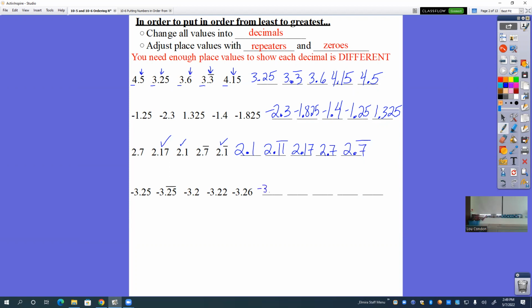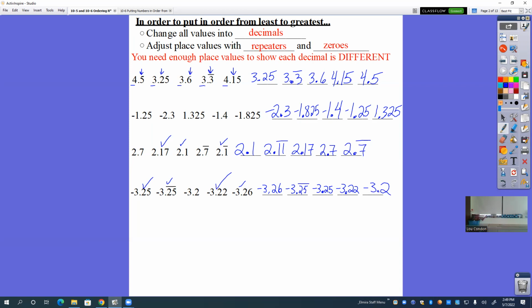So negative 3.26, negative 3.25 repeating, negative 3.25, negative 3.22, and finishing it off with negative 3.2.